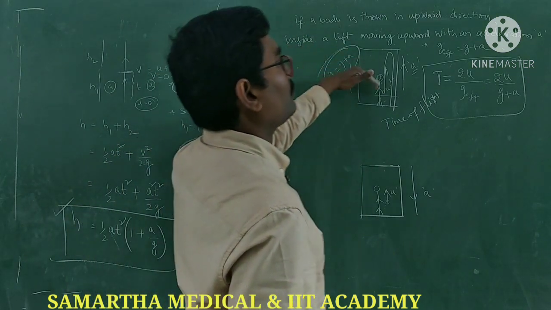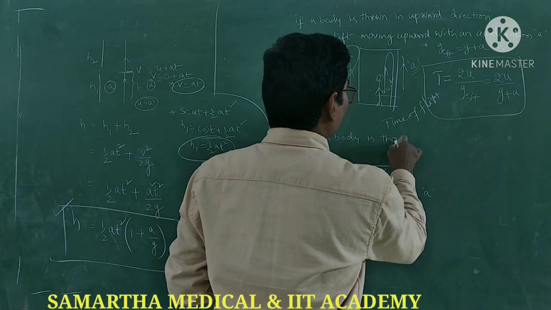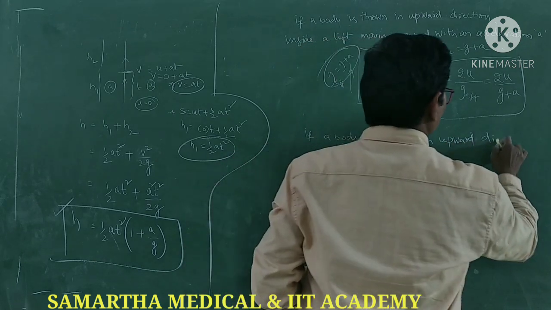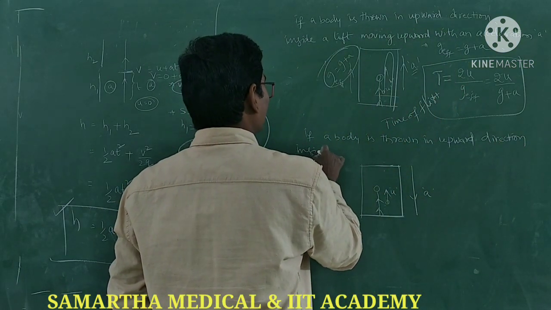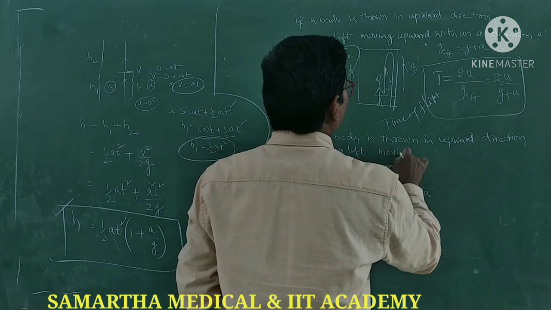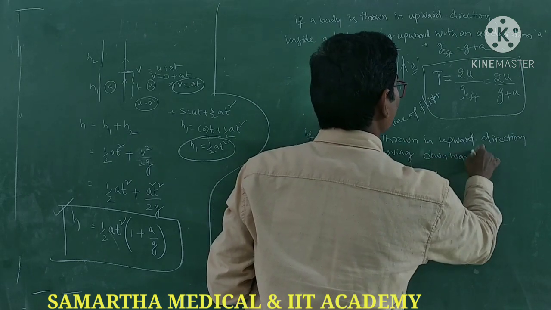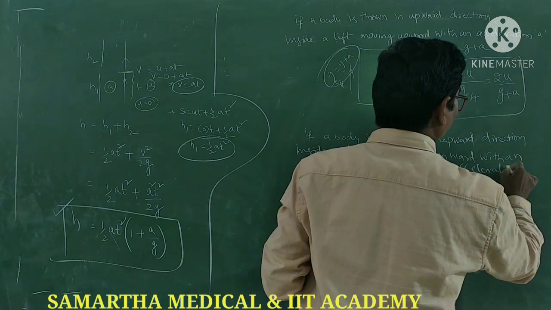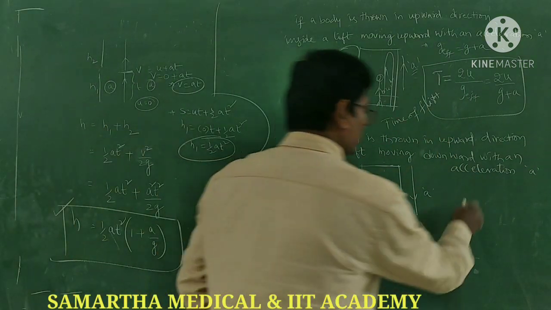If a body is thrown in the upward direction inside a lift moving downward with an acceleration a, then what is g effective?